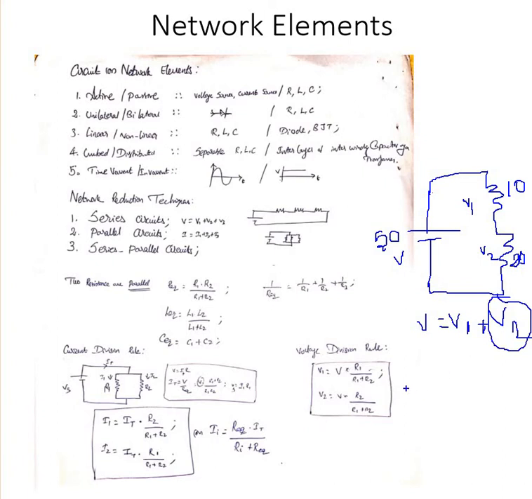Use the formula: V2 is equal to the supply voltage V multiplied by, since you want to find the voltage across this one, R2 divided by R1 plus R2.